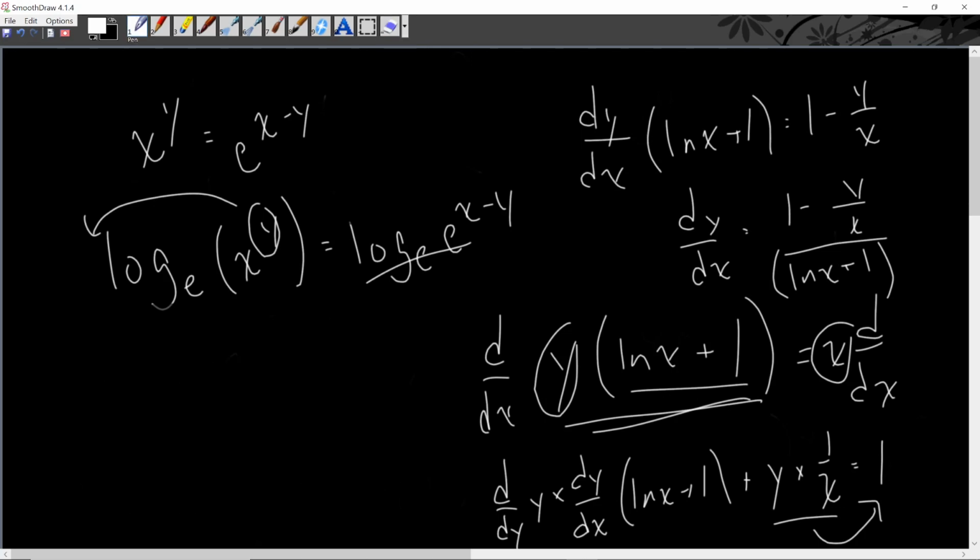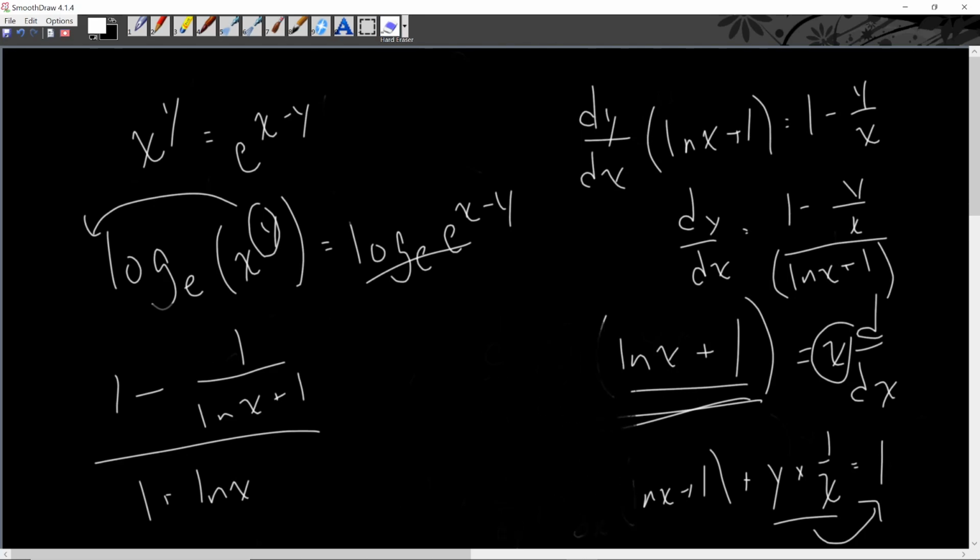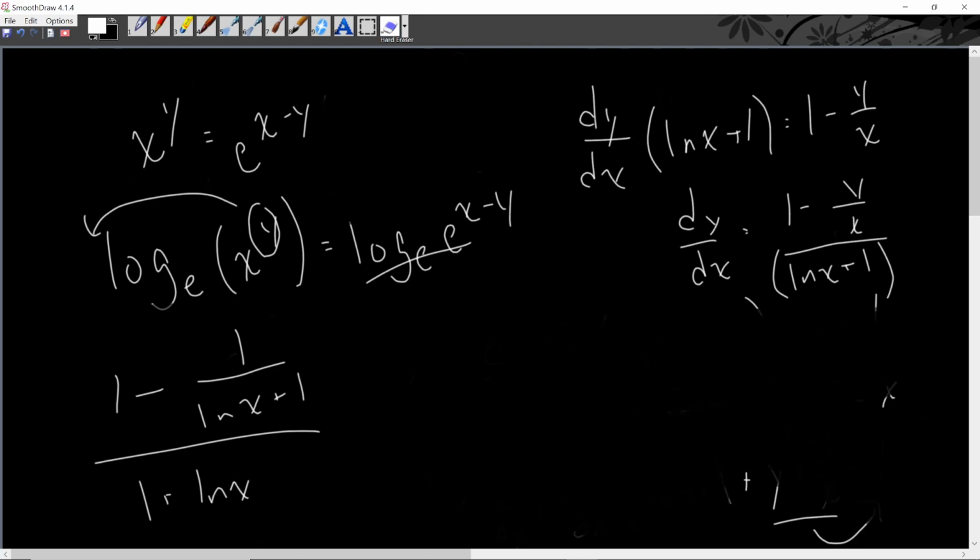And now we have 1 minus 1 over ln x plus 1, all over 1 plus ln x, or ln x plus 1, doesn't matter. I'll show it out. So 1 is equal to (ln x plus 1) over (ln x plus 1).